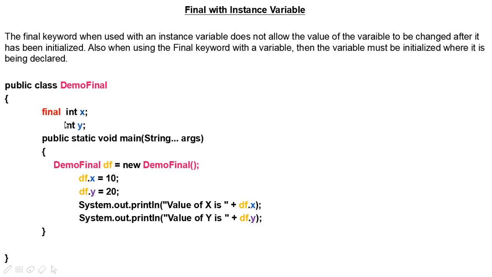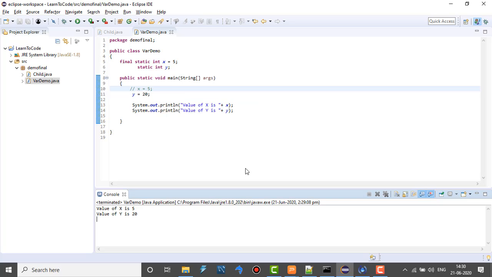Instance variables cannot be accessed from a static method, because our main method is a static method. So we need to create the object of the class, which is the instance, and then use that object to access both the variables x and y. Okay, so let's move on to the IDE to see how this works.